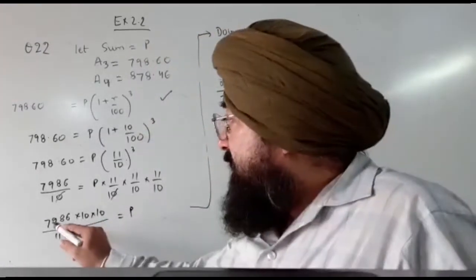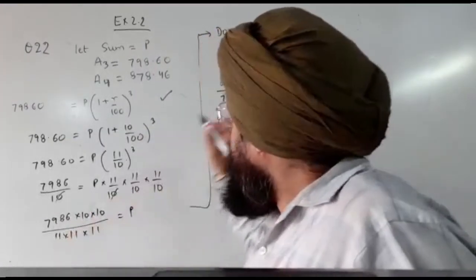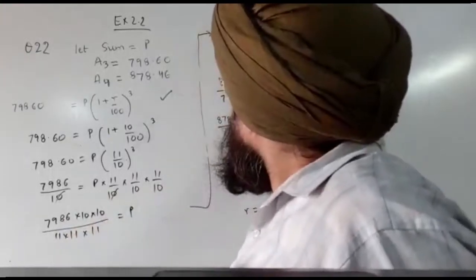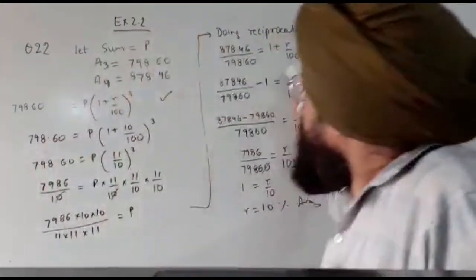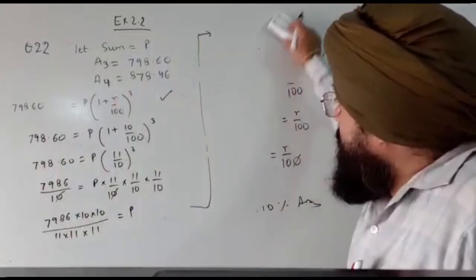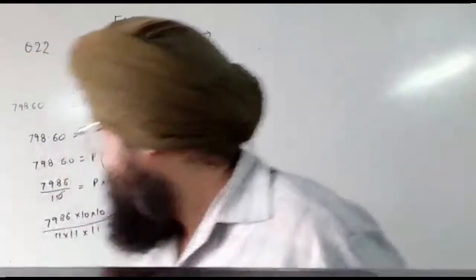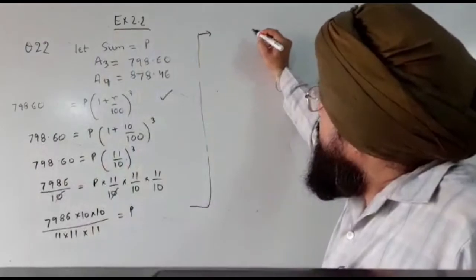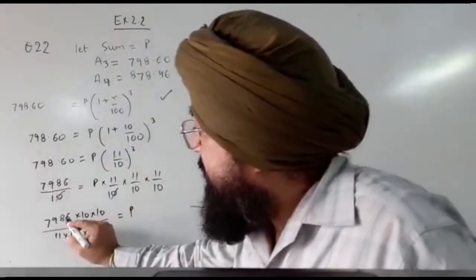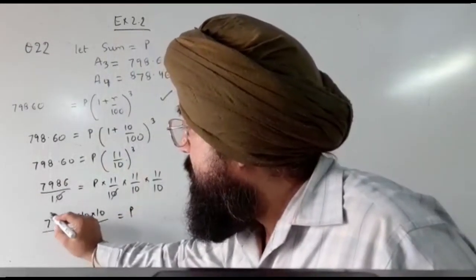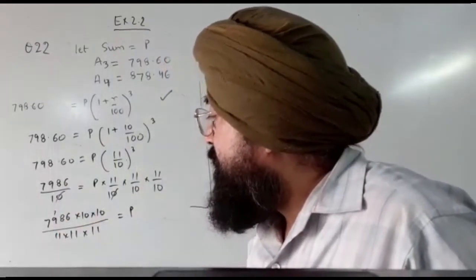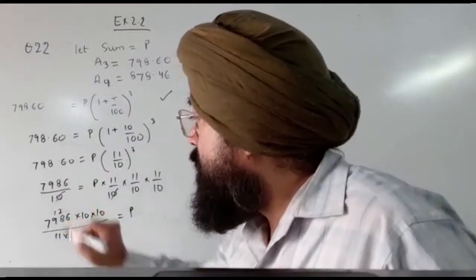Now if I divide 7986 by 11, I am rubbing this side and solving this side. 11 7s are 77, 11 2s are 22, and 6.